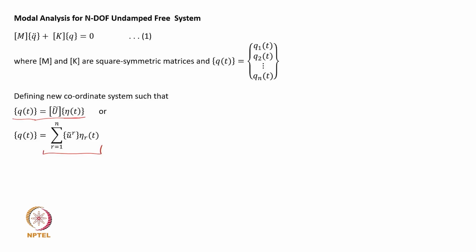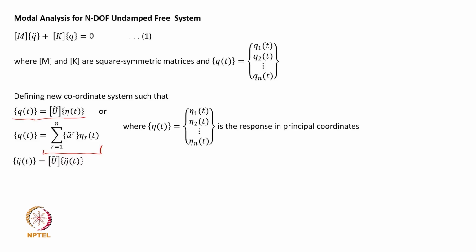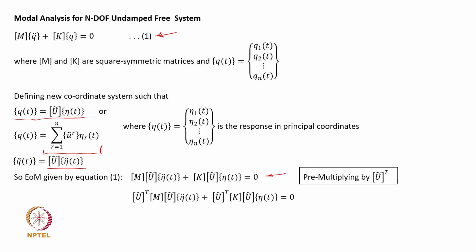Now, we have shown that by substituting these physical coordinates in their expansion into principal coordinates, the equation of motion, which is given by equation number 1 in physical coordinates, can be converted into that in the principal coordinates. Pre-multiplying by u tilde transpose will give you this equation, which ultimately turns into an equation given by 2.